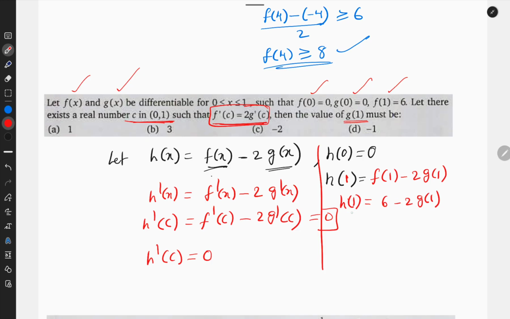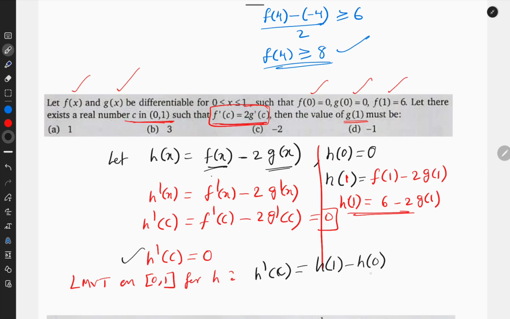Since h is continuous and differentiable, we can apply LMVT on the interval 0 to 1 for h of x. Then you will be getting h dash of c, there exists a c, that c only, which is given 0, equal to (h of 1 minus h of 0) by (1 minus 0).